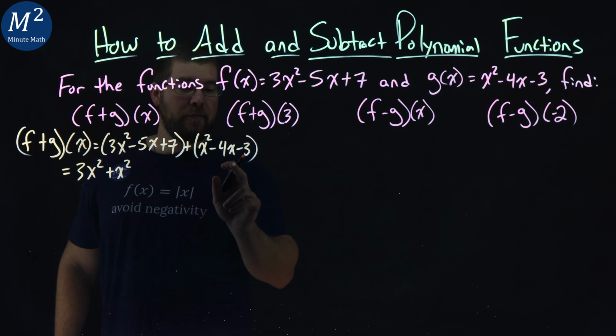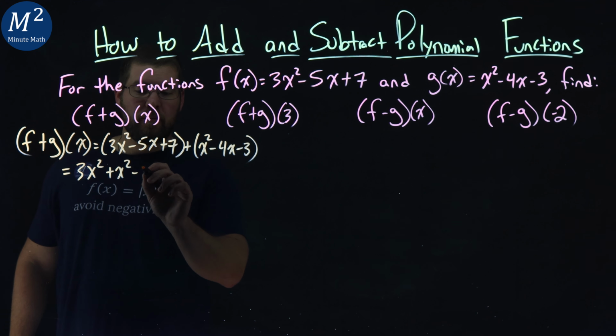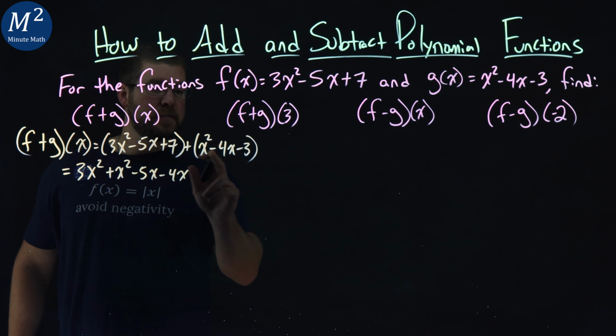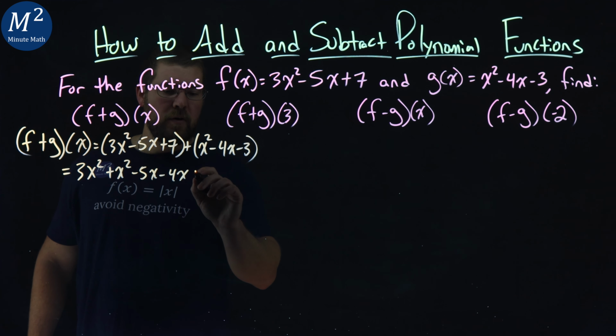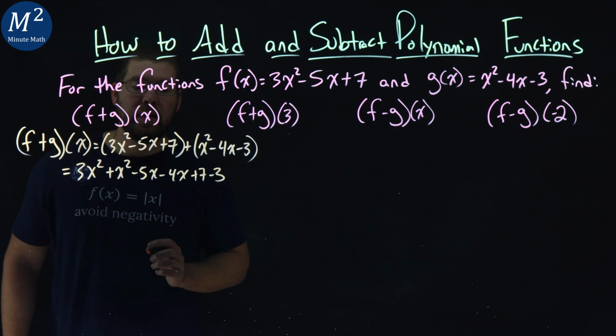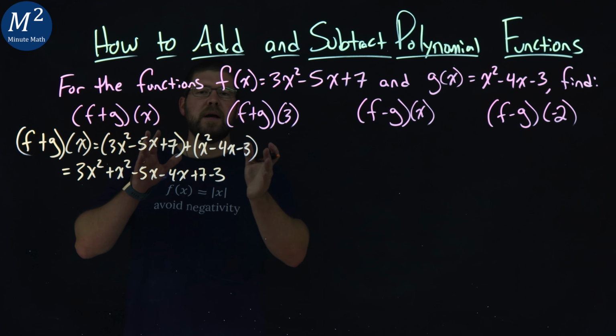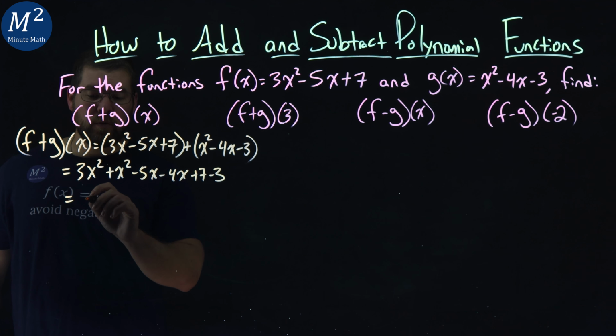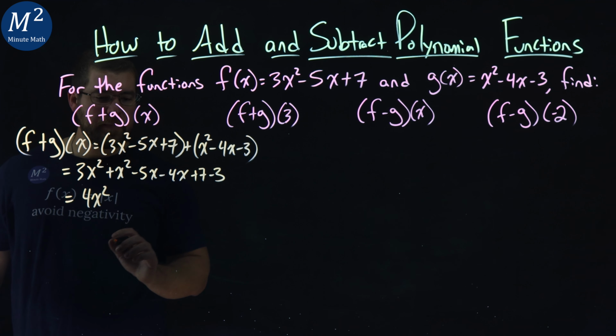From there, we have the 5x and the 4x, so we have minus 5x minus a 4x. Lastly, we have plus 7 minus a 3. Now we can combine our like terms. 3x squared plus x squared is 4x squared.